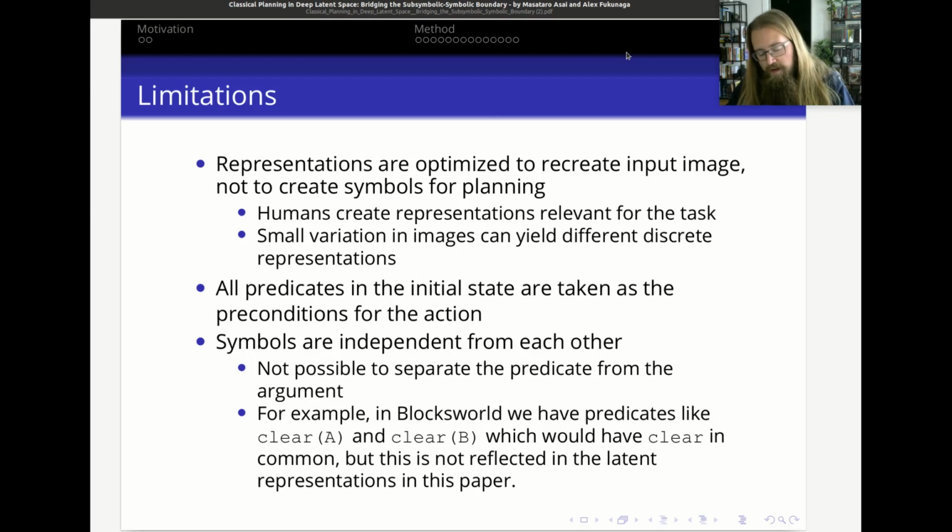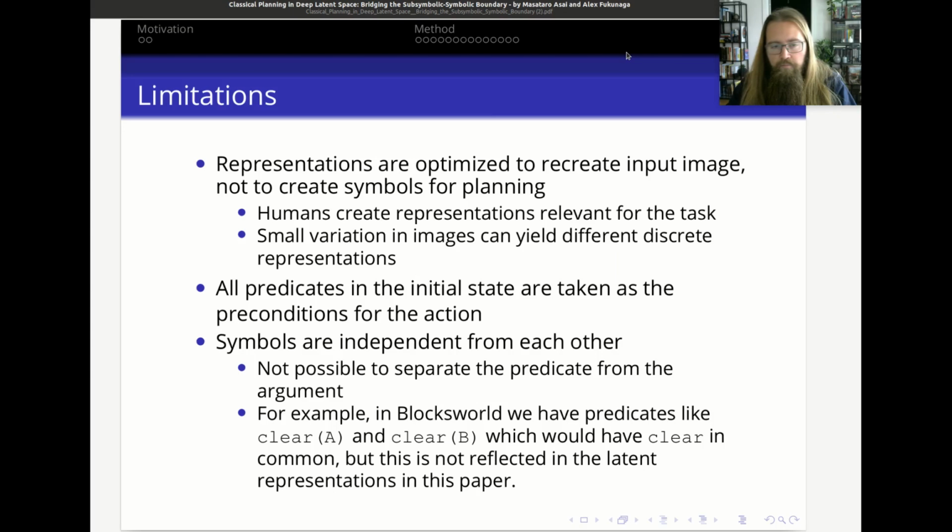For example, you can have two different images that produce the same symbolic state, the same latent representation, but when you use that same latent representation in the decoder, you will get the same image. So which one of these is correct?